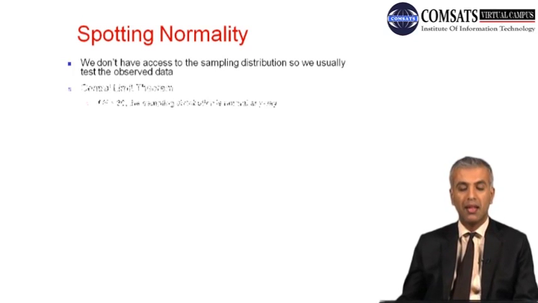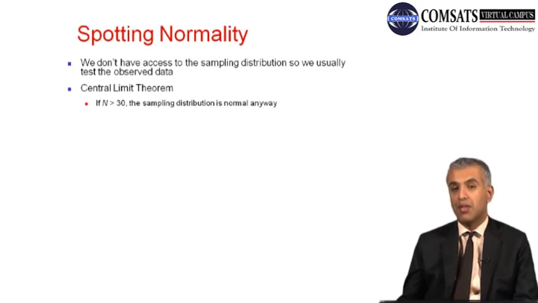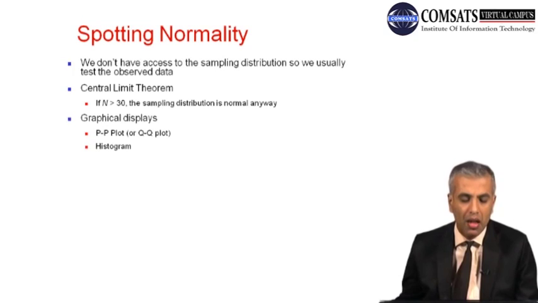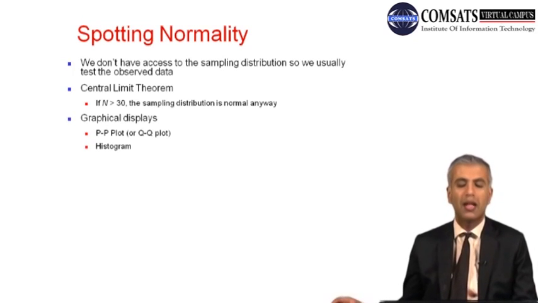Again, under the central limit theorem, if the sample size is greater than 30, it is all right that the sample would be normally distributed, but again we have to look for abnormal values. So how do we go ahead with that?